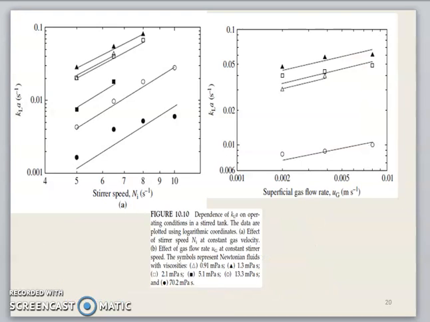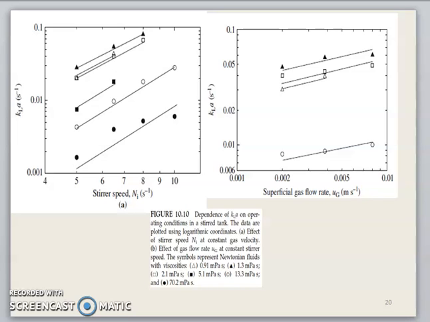This is the plot of the dependence of KLA on operating conditions in the agitated tank, the stirred tank reactor. The first graph, the LHS, is the effect of stirrer speed at constant gas velocity, whereas the second graph, RHS, is the effect of gas flow rate at constant stirring speed.